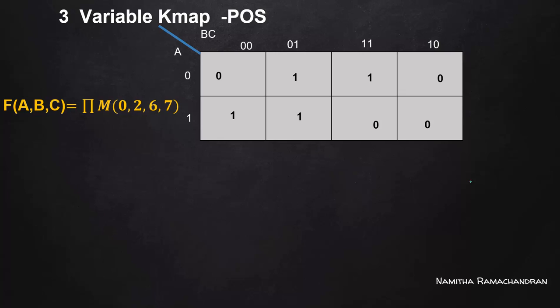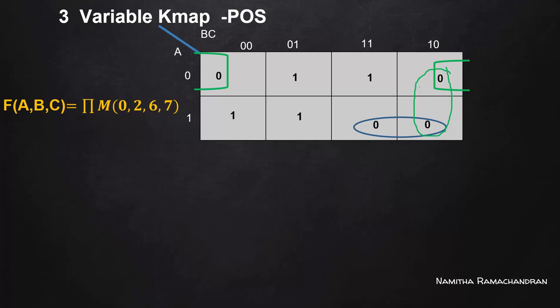So what are they? This one is one group, and these two combined together form another group with two values. Here we can consider one more group like this, but this one is a redundant group. This is not an essential group.